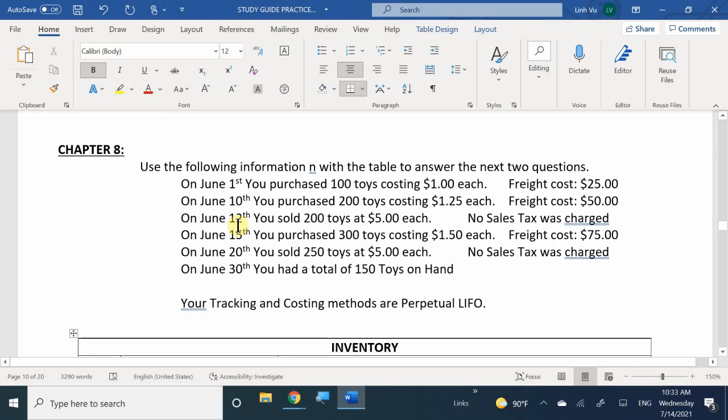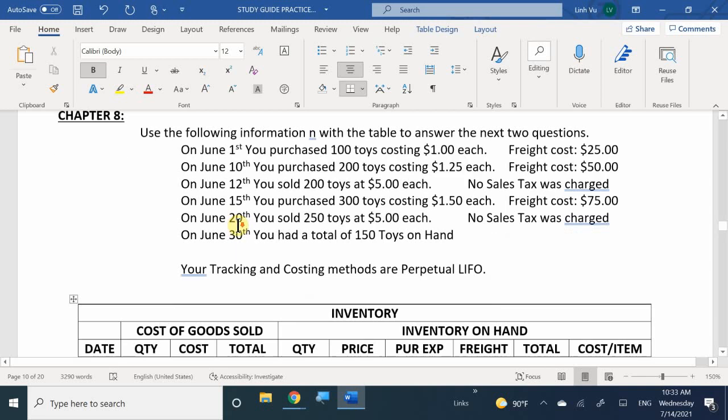On June 10, you purchase another 200 toys costing $1.25 with the freight costing you $50.